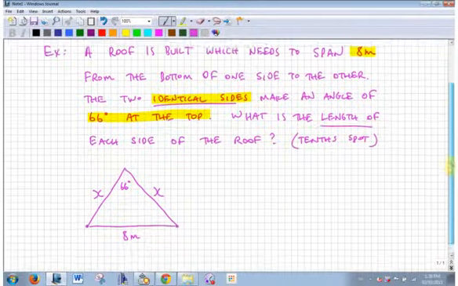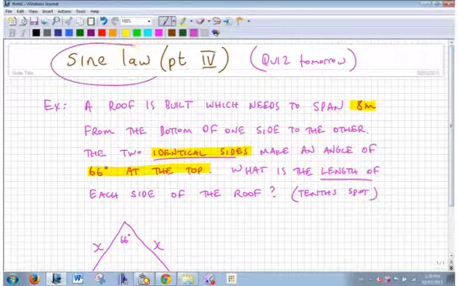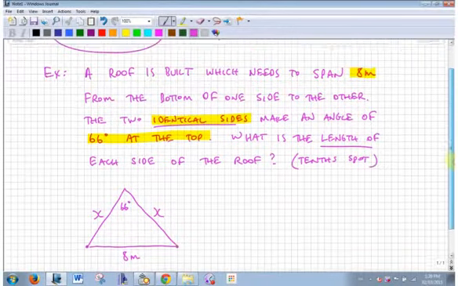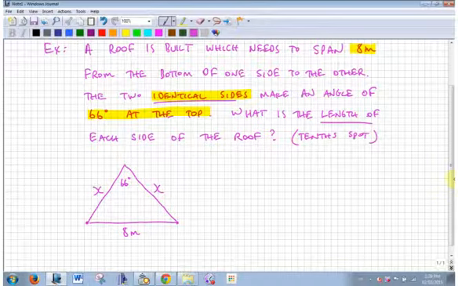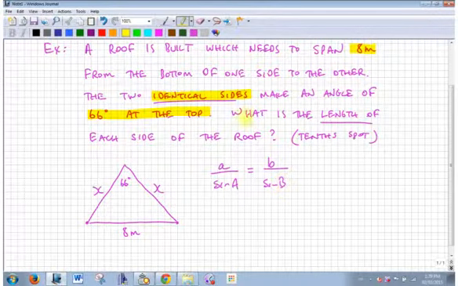What's the name of this chapter? Oh, look, sine law. See, it's easy today, but on the test, you're just going to get a triangle, and then you got to determine, do I use sine law or what we haven't done yet, cosine law? So sine law says A over sine A is B over sine B. Again, I need to know 3 pieces of information here to figure out anything.